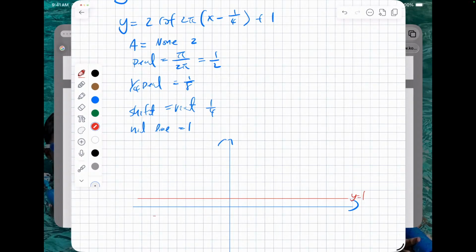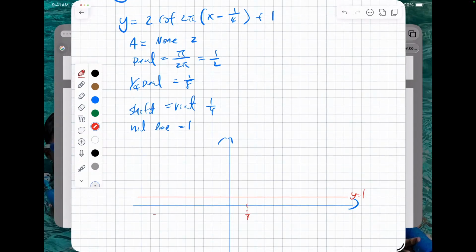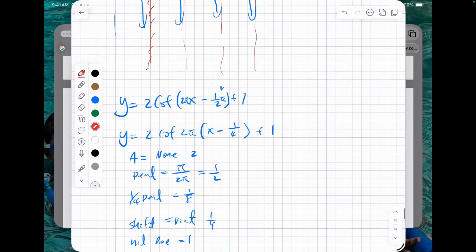Okay. So right 1/4. How do I go right 1/4? Well, I'm going to go like 1/4 like this. And that's not right. I'm an idiot. Is it 1/4? Right 1/4. It was minus half pi if you divide it by 2 pi.